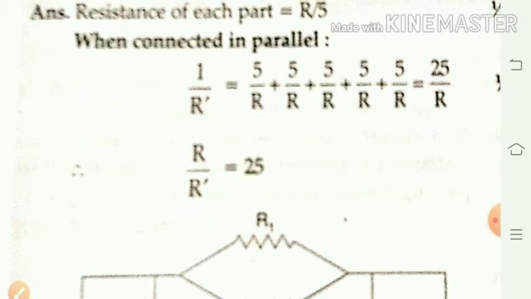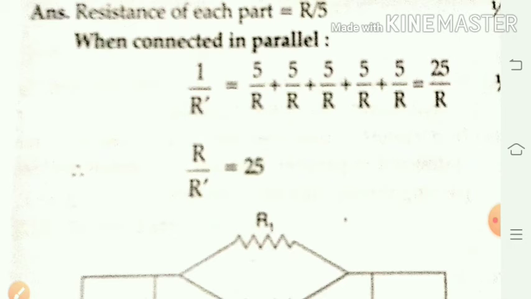The resistance of each part in this combination is R by 5. When they are connected in parallel, we can take their reciprocals. That is, 1 upon R dash is equal to 5 by R plus 5 by R, and so on, 5 times.